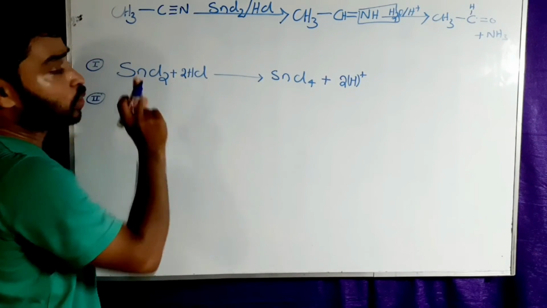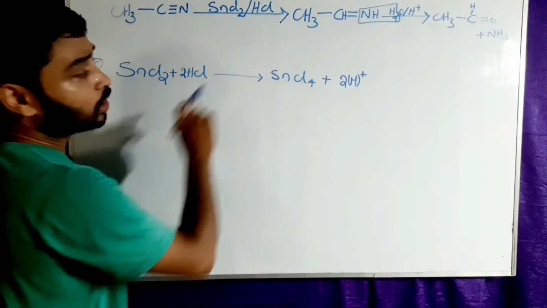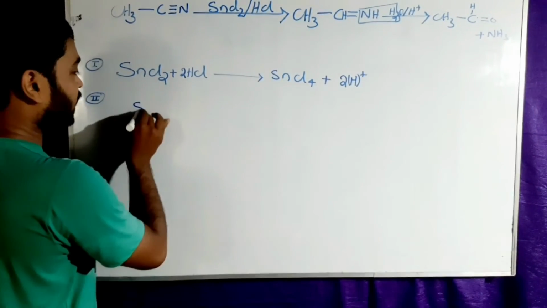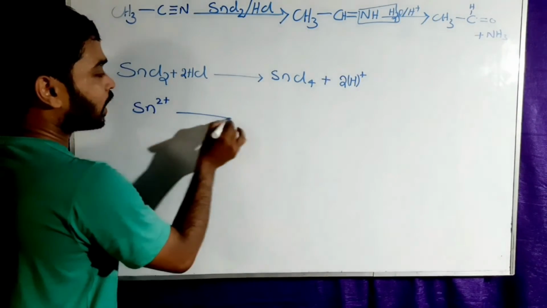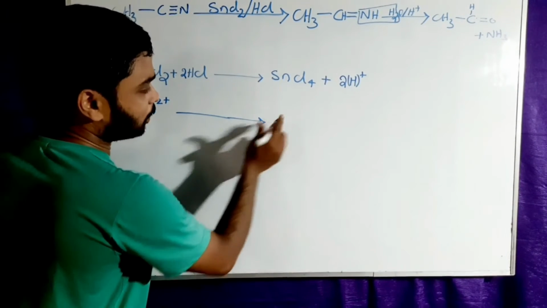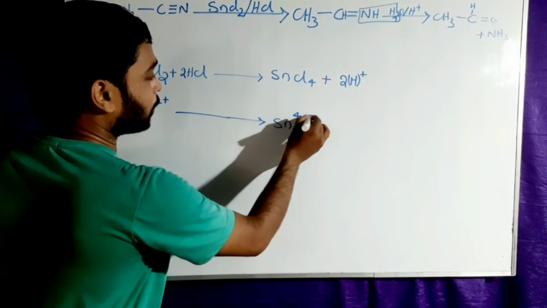similarly SnCl2 contains the +2 oxidation number for stannous, and in SnCl4 the stannous has the oxidation number +4. So you can write that in SnCl2 the oxidation number is +2, and in SnCl4 the oxidation number is Sn4+.